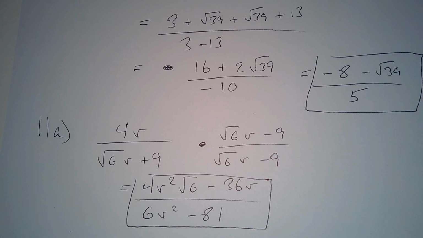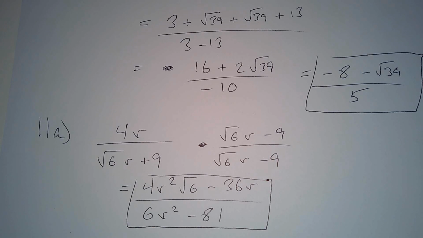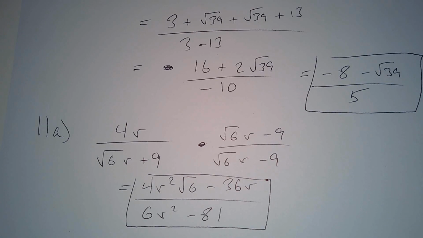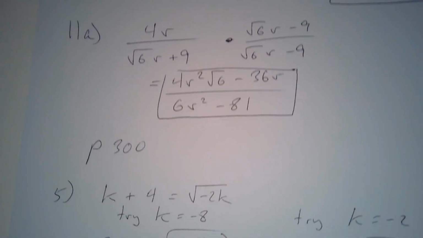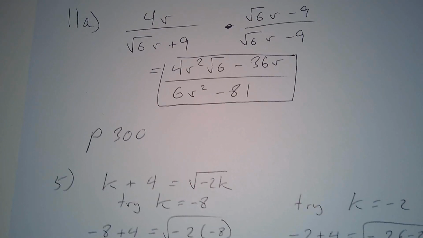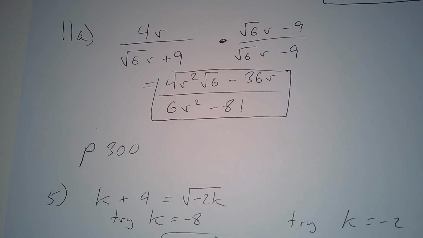Okay, now page 300, so this was the solving equations, and I can understand the difficulty you might have had with determining whether or not a root was extraneous, so that's what number 5 basically looks at. They give you two possible answers, k equals negative 8 and k equals negative 2, and they're asking you, are any of these extraneous?